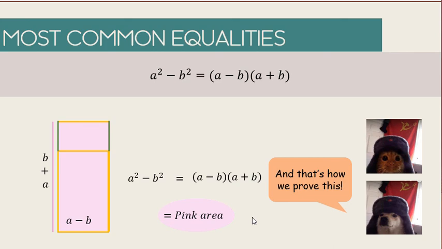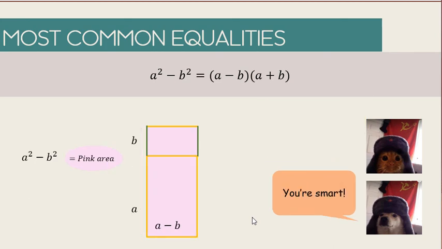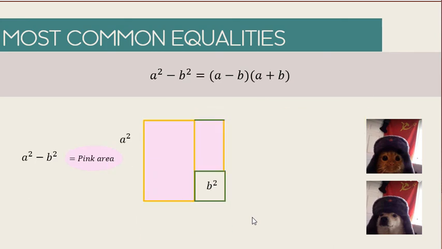Let's prove this again. I will wind the video back a bit. This figure, remember this figure. This is how the pink area is a plus b times a minus b. Now I'm going to show you why the pink area is equal to a squared minus b squared. Remember that?